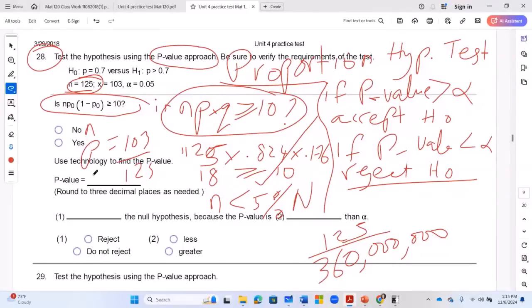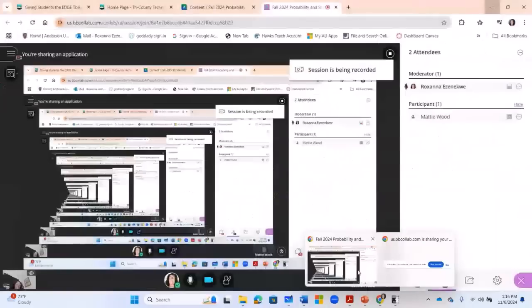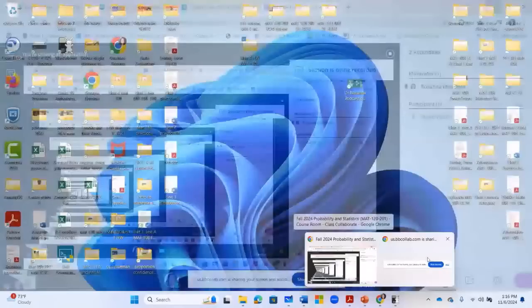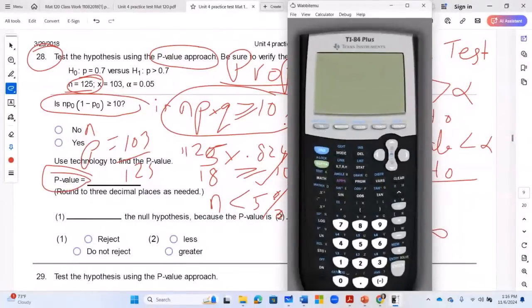When I do the test, my calculator will give me the p-value. So quickly, I will do the test. Let me make sure that I'm recording this. Okay. Because the conditions are satisfied, I'll go to STAT, arrow to TESTS, and arrow down to 1-PropZTest.